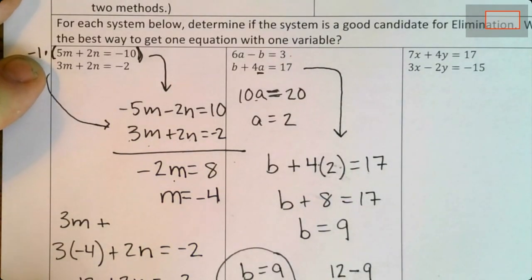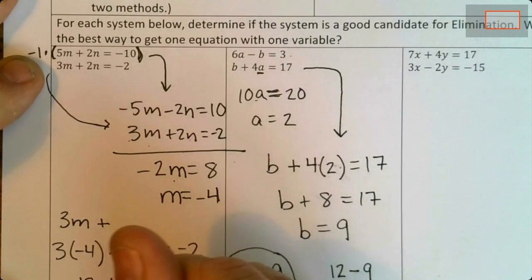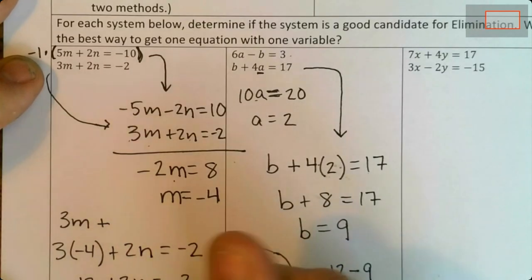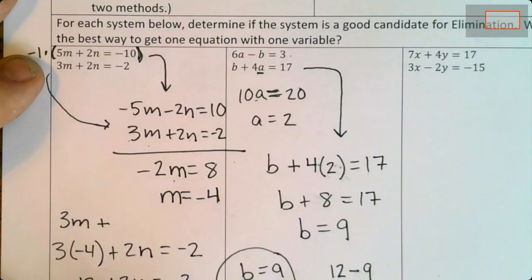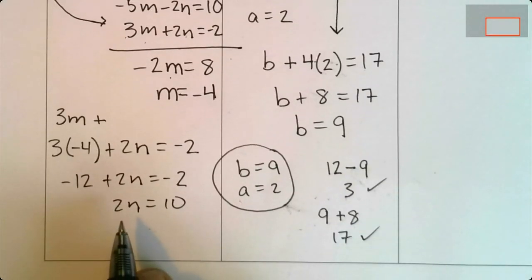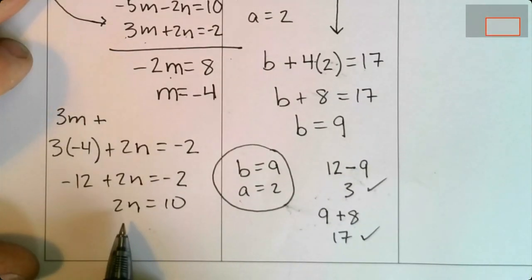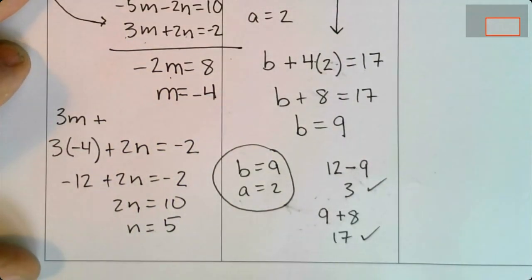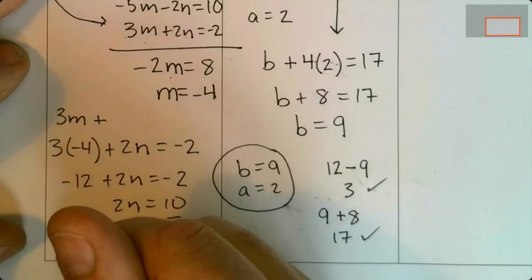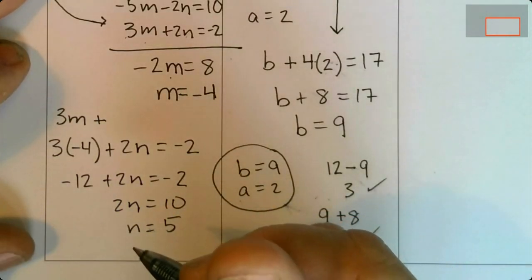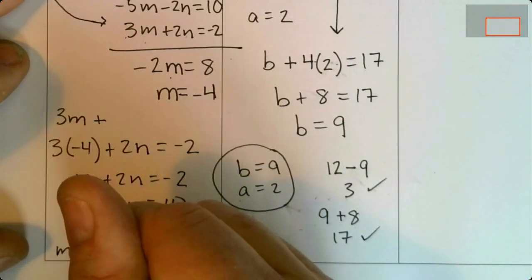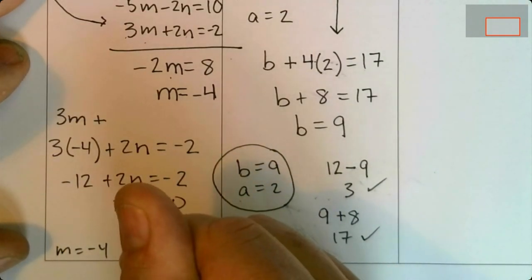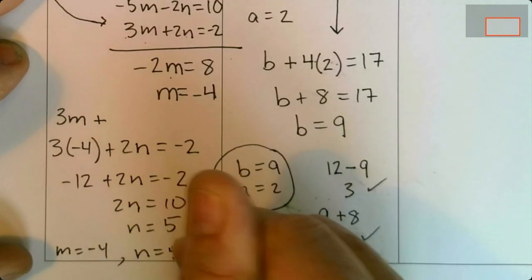If I add 12 to both sides, I get that twice n is the number 10. And if I divide both sides now by 2, I get that n is the number 5. So I believe that m is negative 4, and I believe that n is 5.